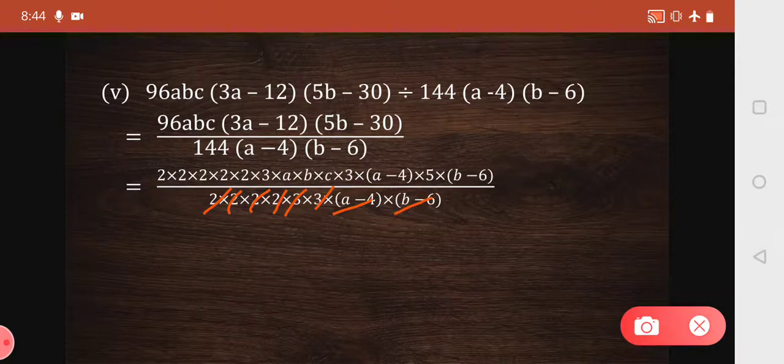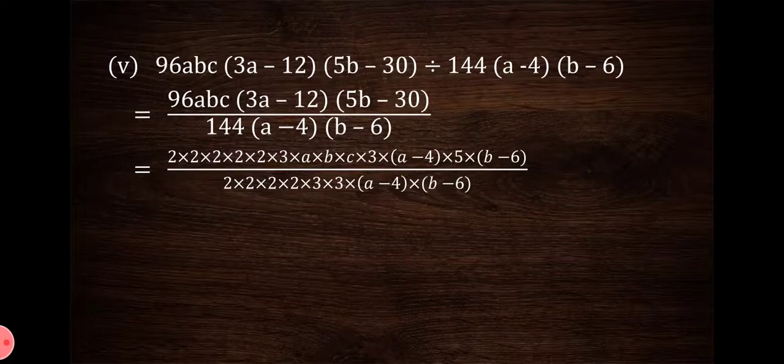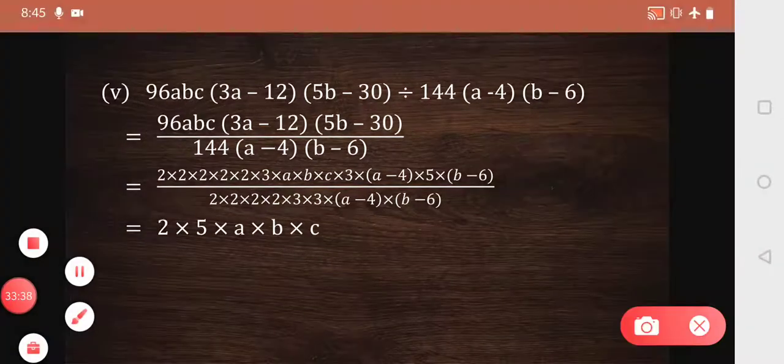So the denominator will have the factors 2 into 2 into 2 into 2 into 3 into 3 into a minus 4 into b minus 6. Now we can cancel the common factors from the numerator and denominator. Let's see what we can cancel.